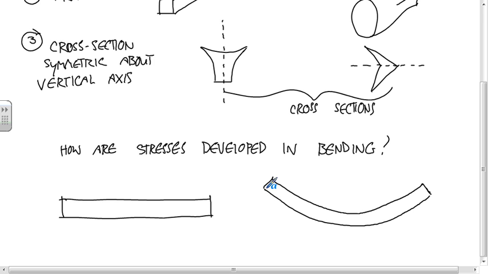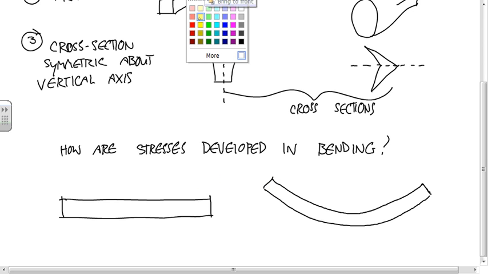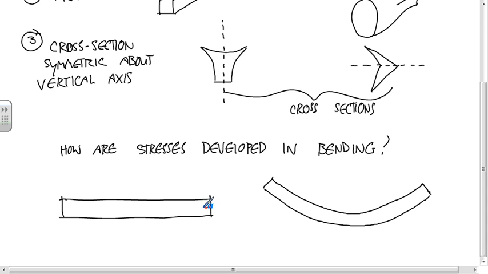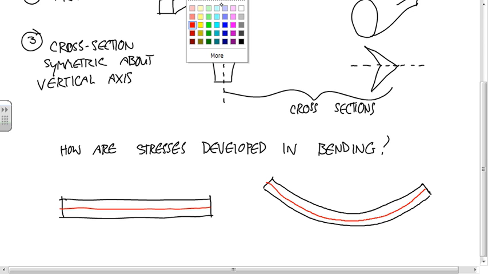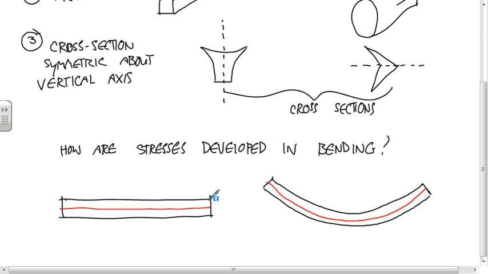Then I want you to pay attention to 3 lines: one right down the middle, and then one near the top, and one near the bottom.